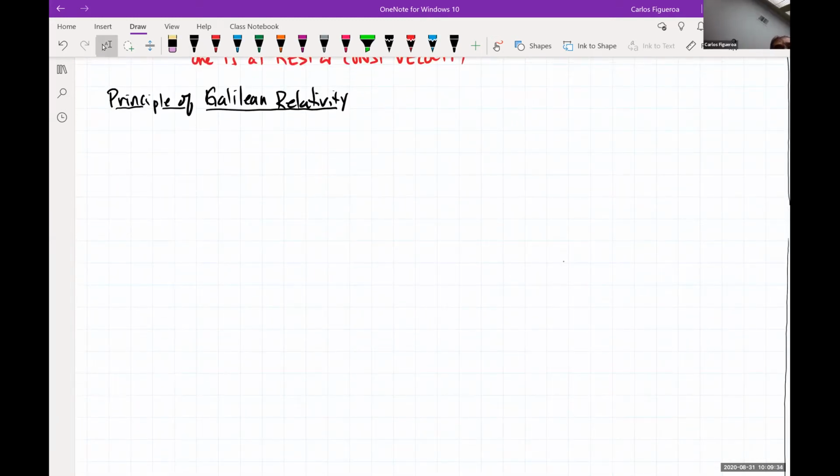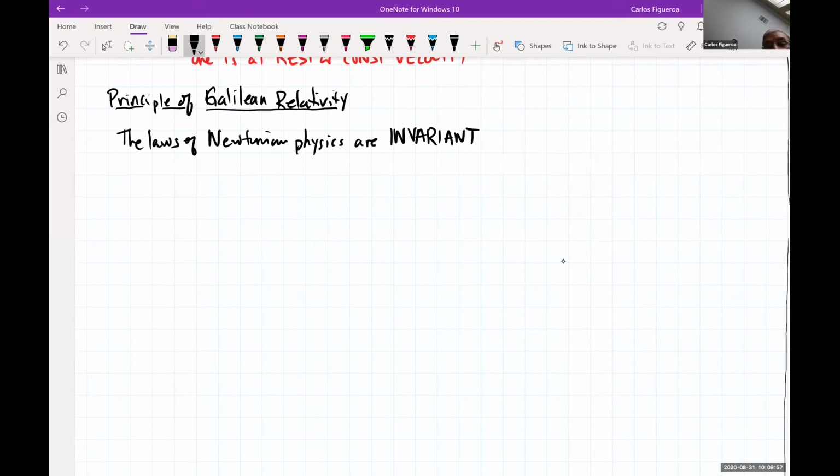So if I was to write this in detail now, it says here, the laws of Newtonian physics are invariant for all inertial observers.